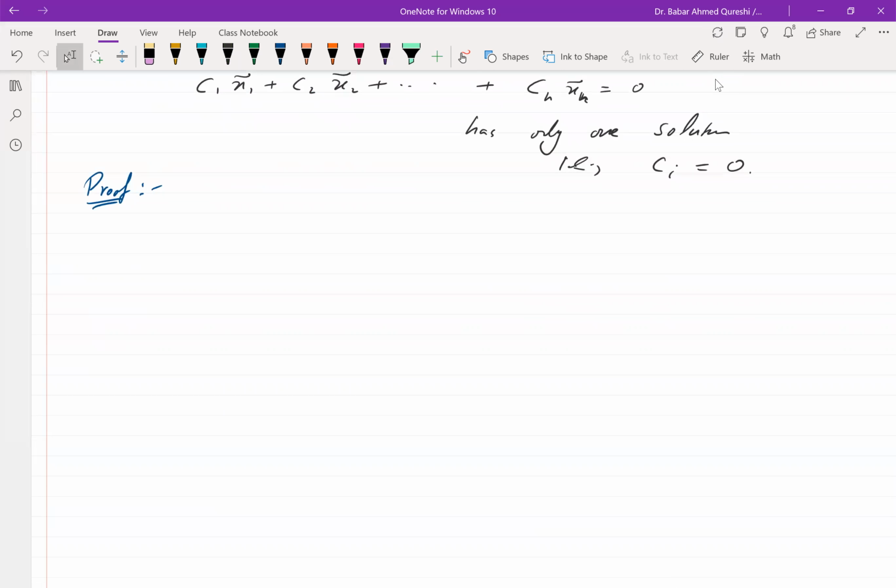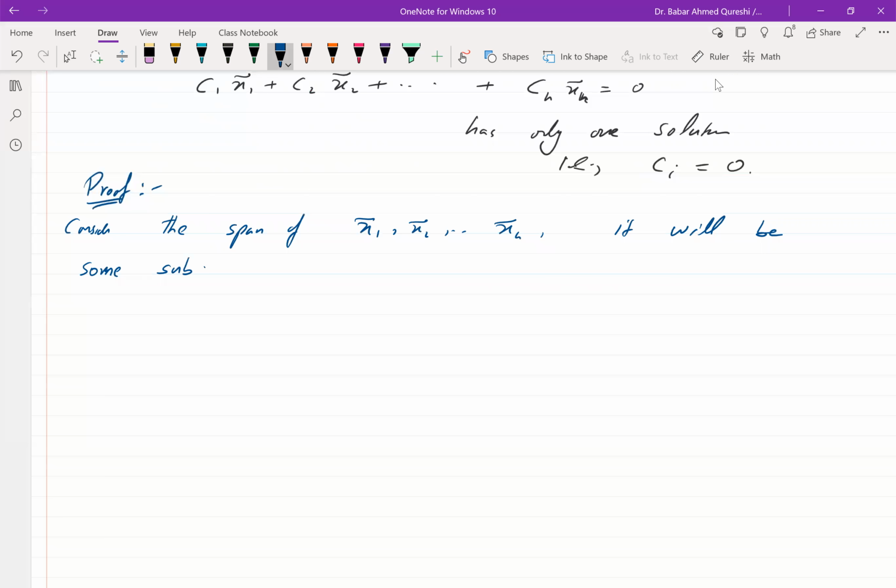Proof. So if I consider the span of all of these, it will be some subspace, because spans are always subspaces.